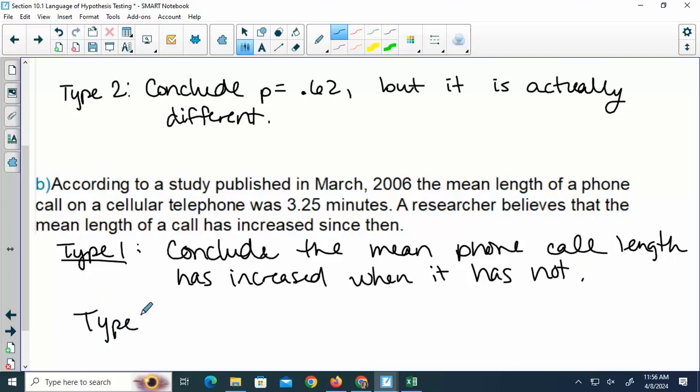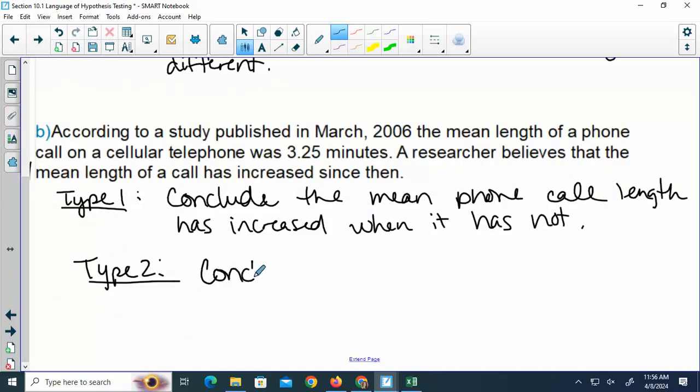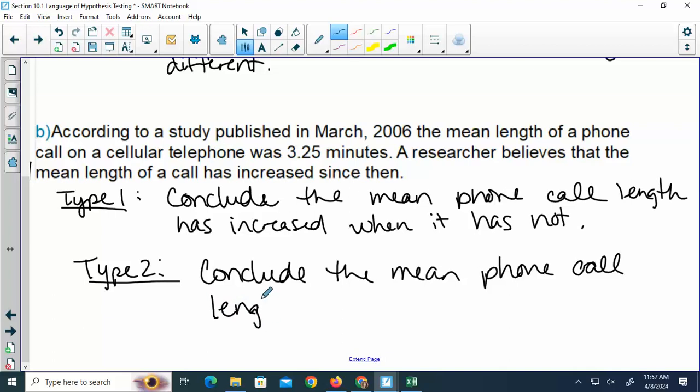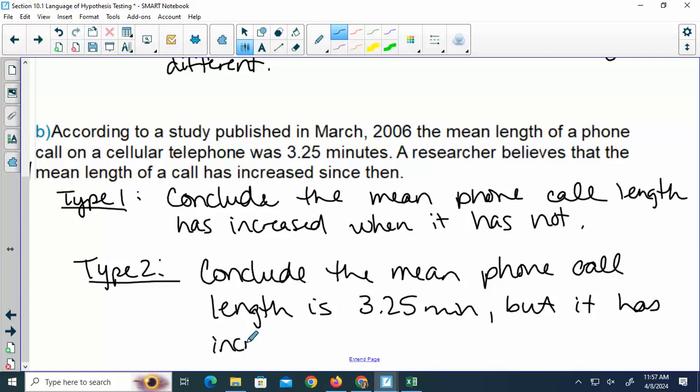So type 2 would be concluding what? Do you guys understand the difference between these types of errors?